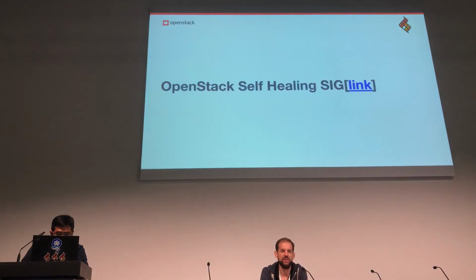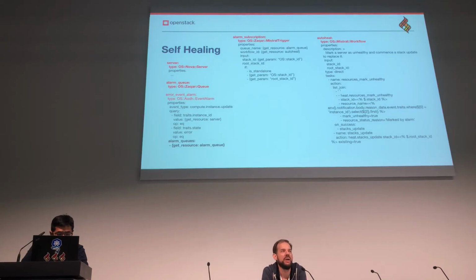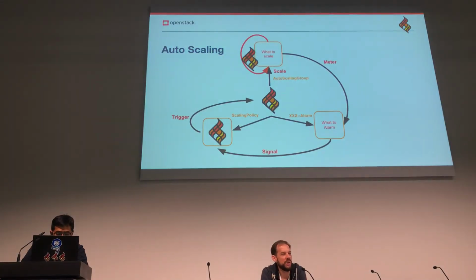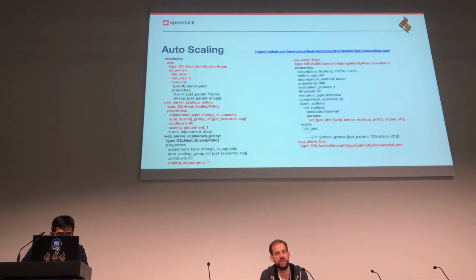Where that gets difficult is when you have things which are ongoing after the stack is finished creating that Heat still needs to do. One example is auto-scaling, the wait condition thing. There are a couple of mechanisms.